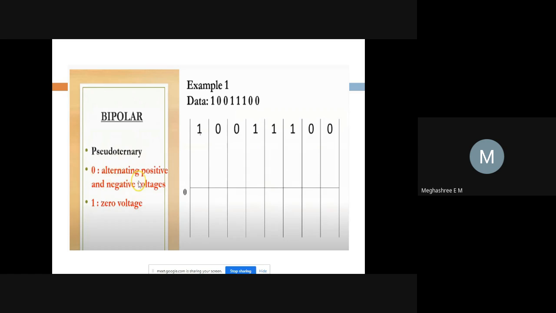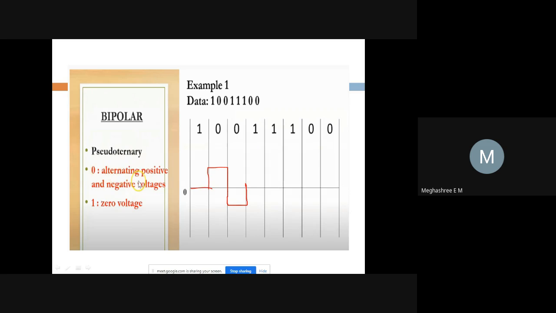So let's consider this data. The first bit is 1, so as per this method it is 0 voltage. The next bit is 0, move to the positive side, and the next bit is 0. Here it says alternating positive and negative voltage, so you have to move to the negative side.